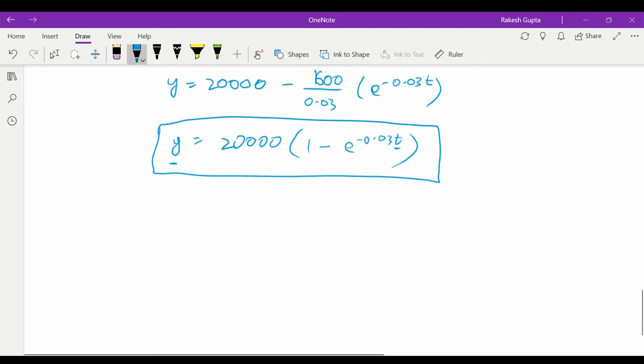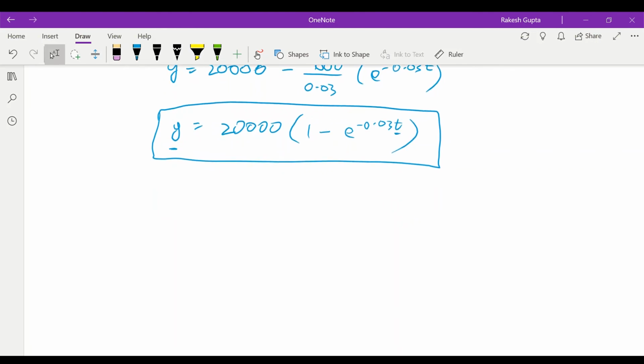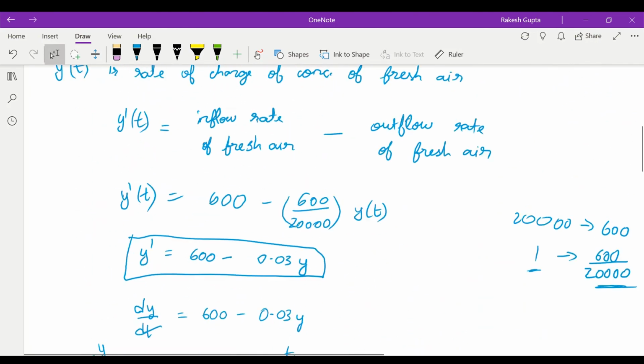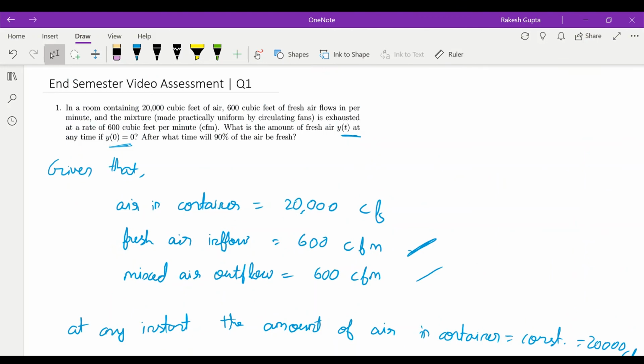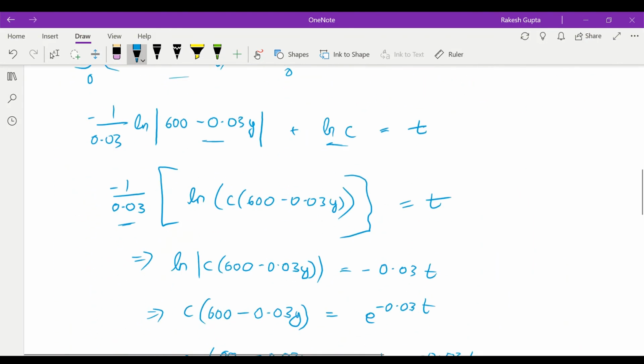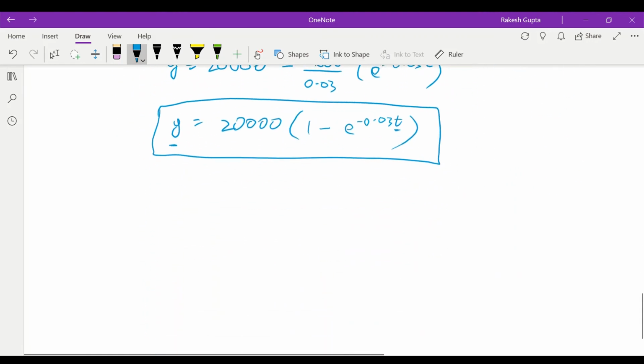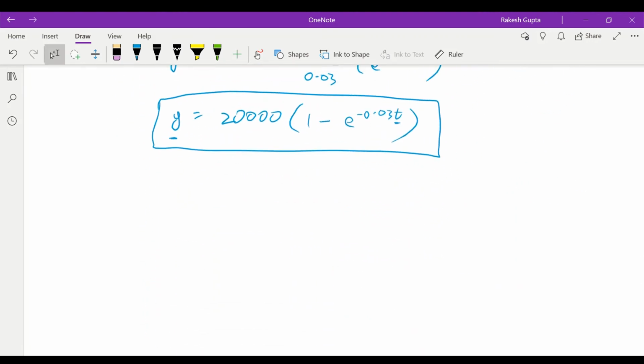Now it is given in the question that 90% of the air inside the container is supposed to be fresh. As we know, the total amount of air present in the container is constant, which is 20,000.